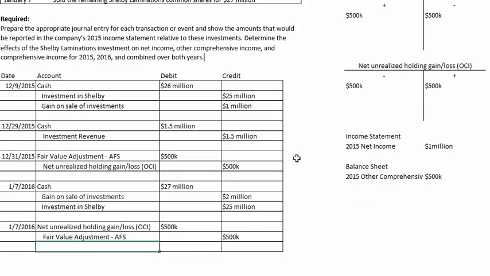We could also then do that same analysis at the end of 2016. What's the total net income effect? Very straightforward here. There's $2 million that we would put through profit in 2016, and subsequently the balance sheet account for other comprehensive income decreases by this $500,000.